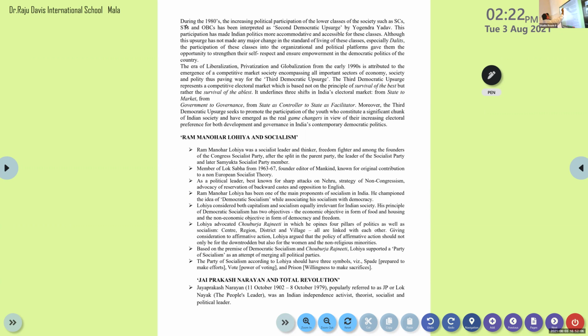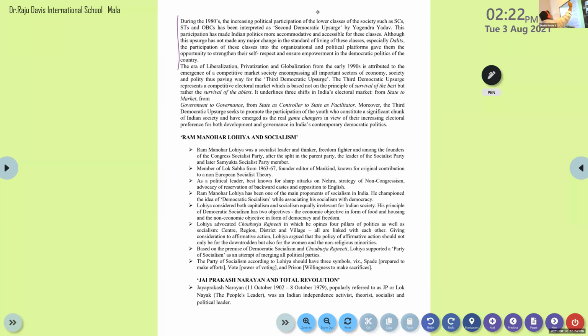Next one, the second democratic upsurge. What is that? That's in the 1980s. What happened in these years? You can see here is an increasing political participation of the lower classes. So lower class people also started participating in political activities of the country.